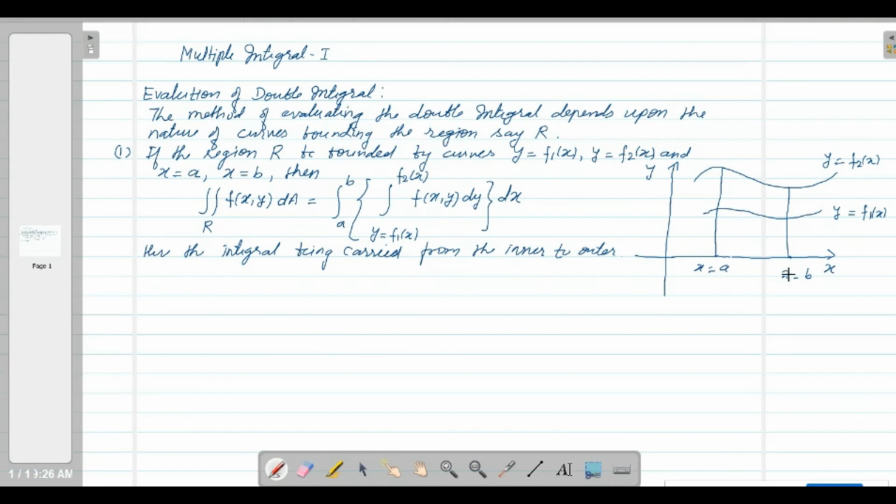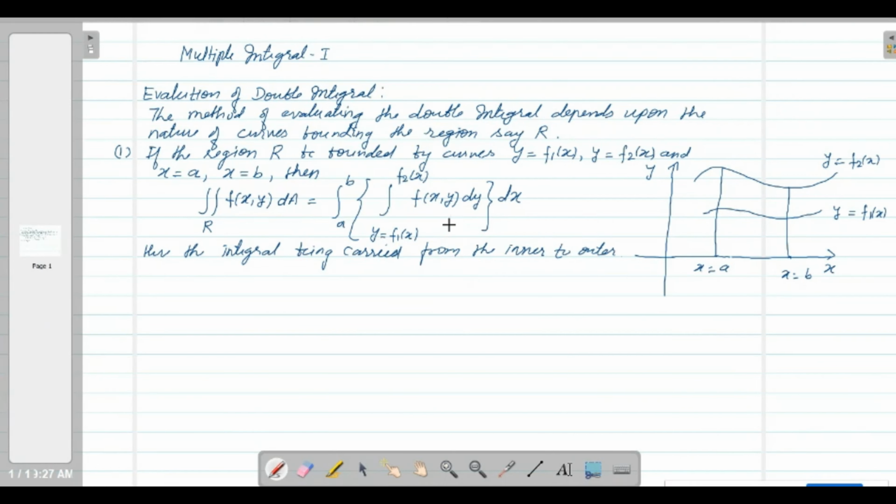The points of intersection are x equal to a and x equal to b. Over here we will evaluate this area. From here to here we will find the area of this region bounded by the curves y equal to f1(x) and y equal to f2(x) and the lines x equal to a and x equal to b.